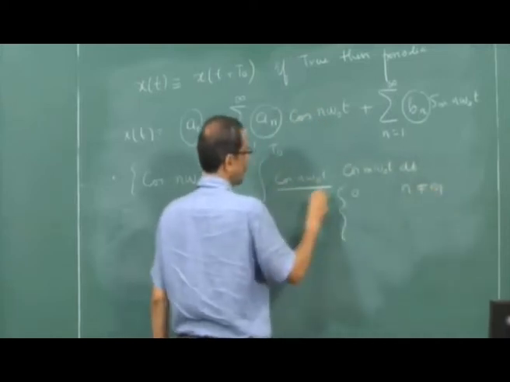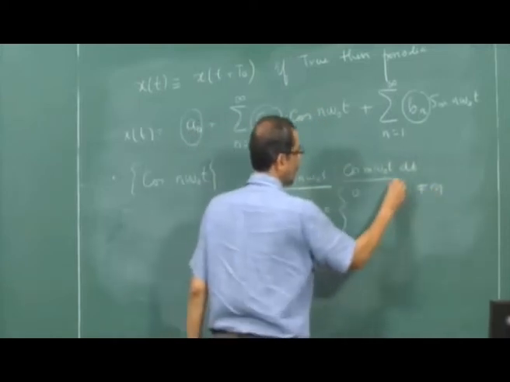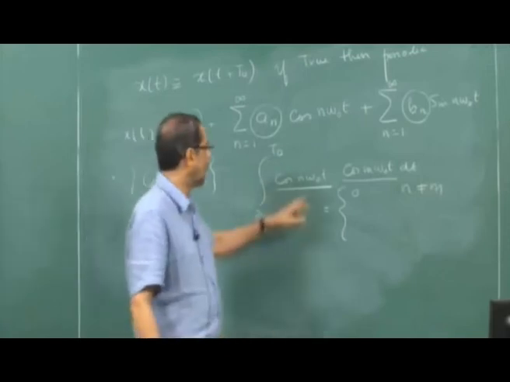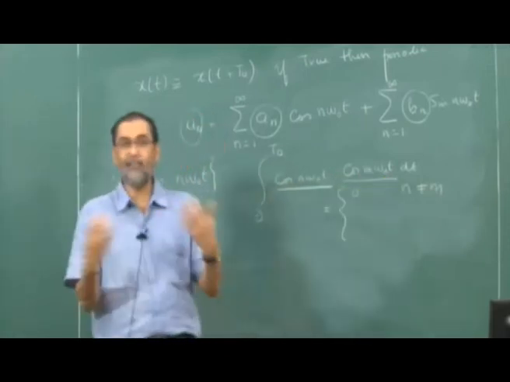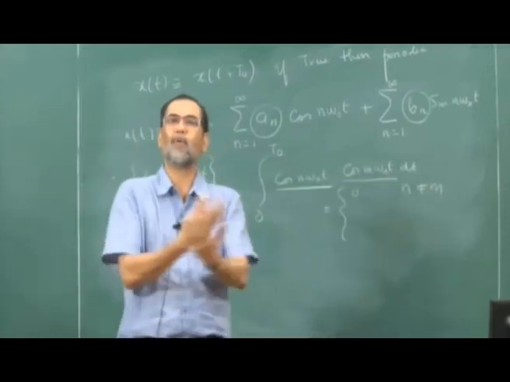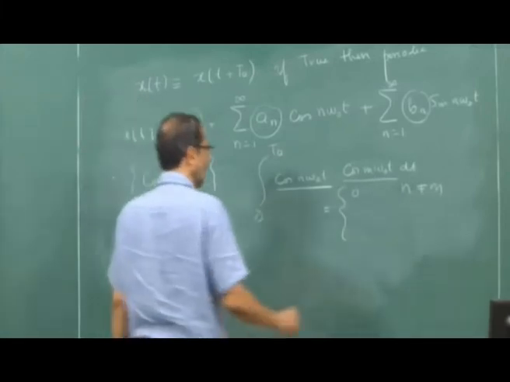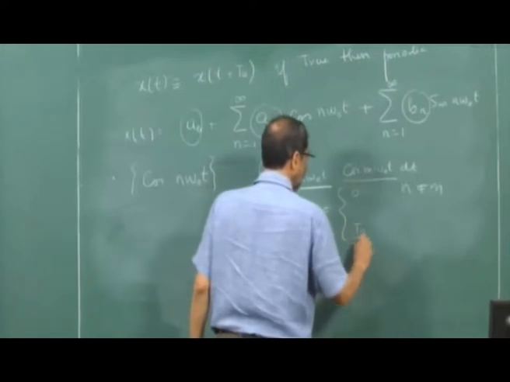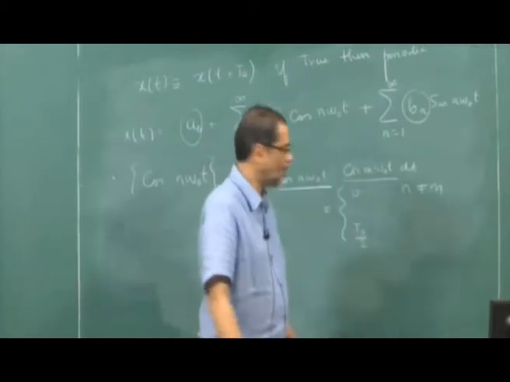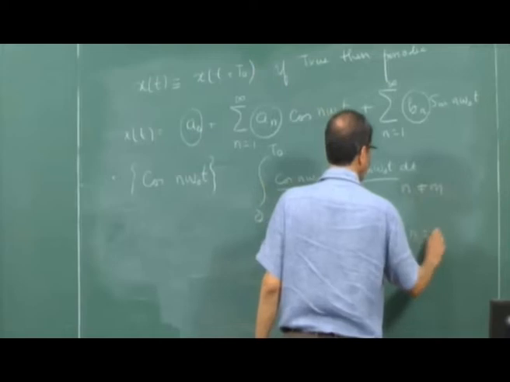So I have cos(n omega naught t) here and cos(m omega naught t) here; as long as n and m are distinct, the product will integrate to 0, and that will be equal to T naught by 2 if n is equal to m.